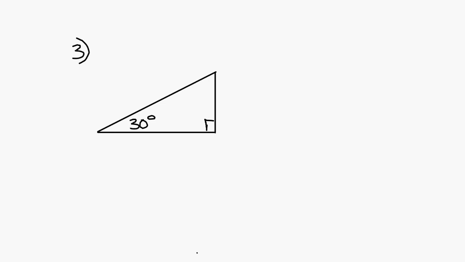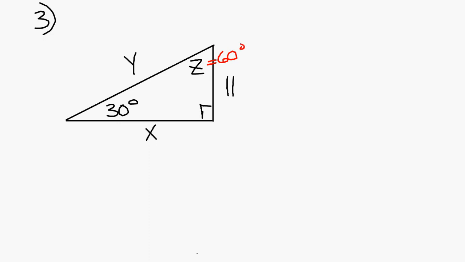X, Y. This interior angle is Z, and this side is 11. If this is a right triangle and one of the interior angles is 30, then the other interior angle is equal to 60 degrees.